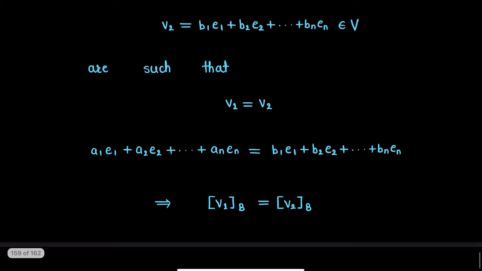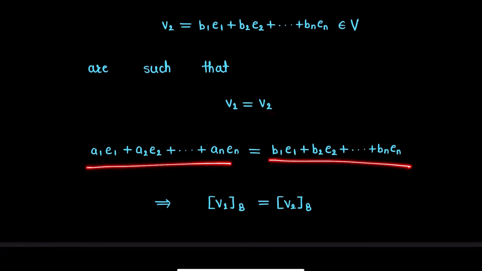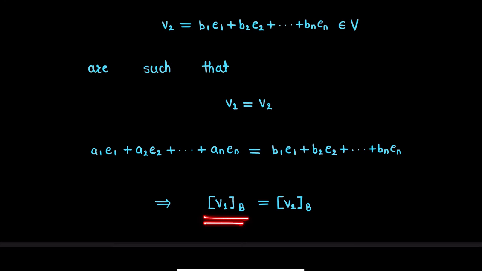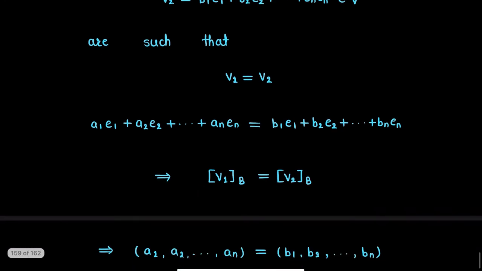Since v1 is equal to v2, their representations are also the same. Since these two representations are the same, the coordinate vector of v1 with respect to basis B will be equal to the coordinate vector of v2 with respect to basis B.